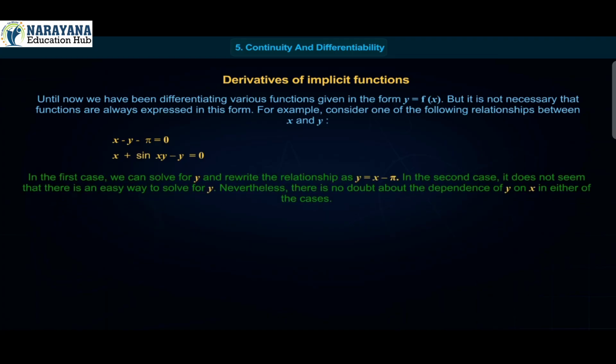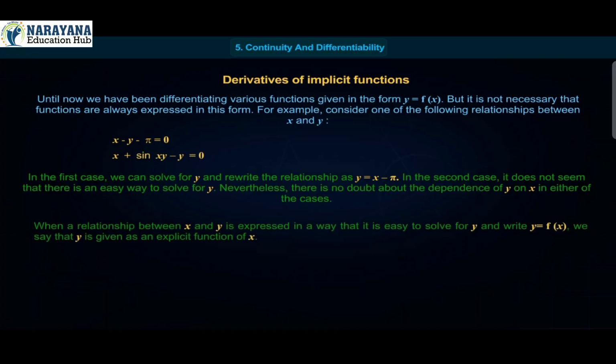In the first case, we can solve for y and rewrite the relationship as y is equal to x minus pi. In the second case, it does not seem that there is an easy way to solve for y. Nevertheless, there is no doubt about the dependence of y on x in either of the cases.